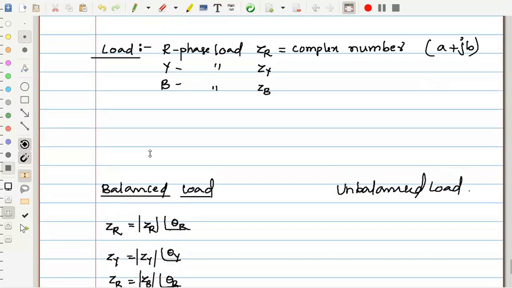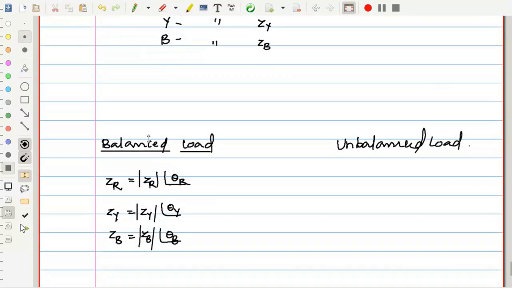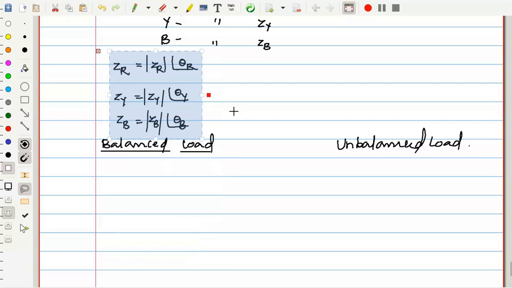These are general things, so I am putting them over here. I'm making the impedances into polar form in this way. Based on this polar form notation, it is easy to classify balanced and unbalanced. One thing is that magnitudes must be equal, as in a balanced source also.